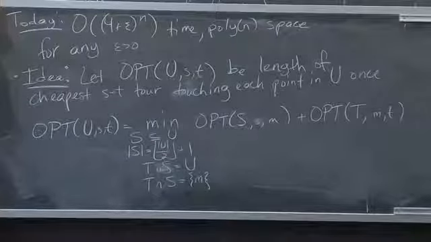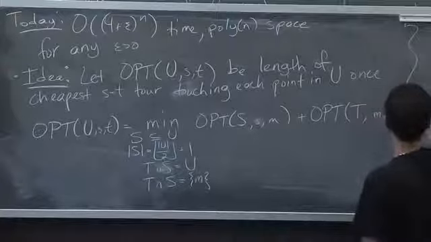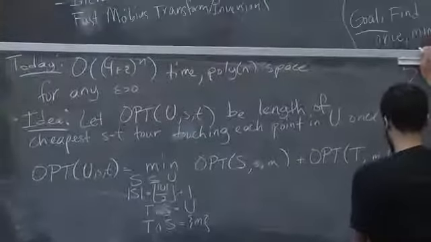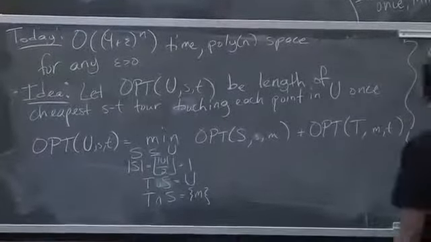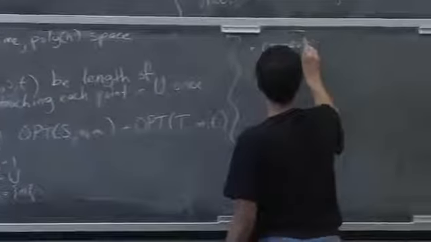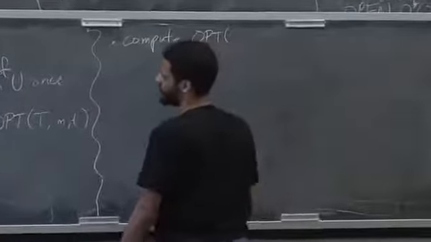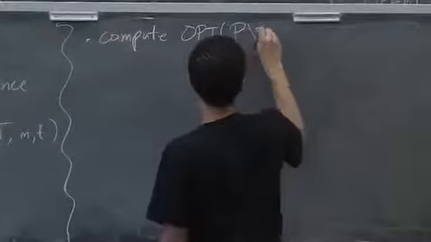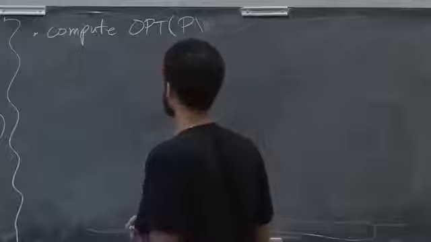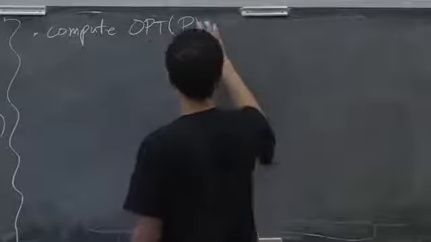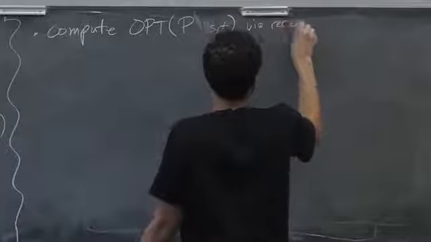Okay, great. And now we just compute opt of, let's say, PST, just recursively. You don't have to do anything smart.